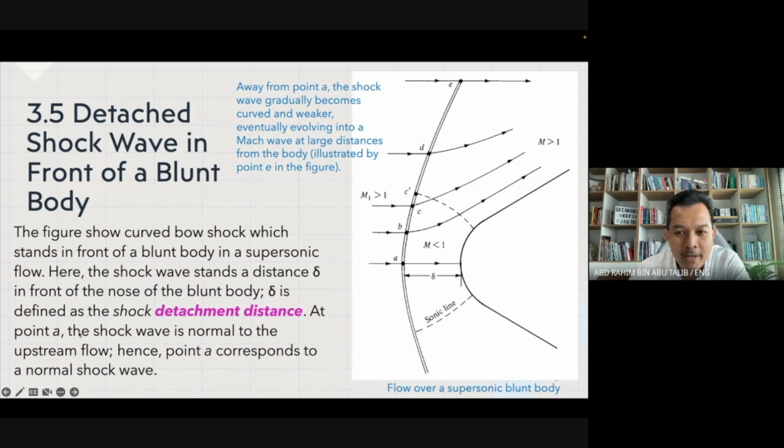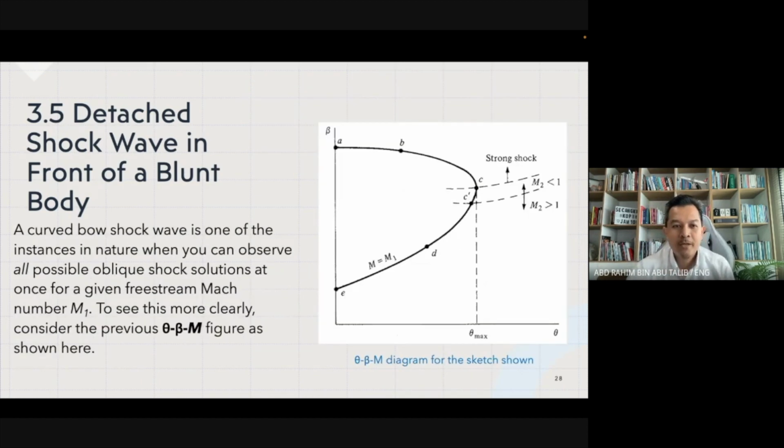At point A, the shock wave is normal to the upstream flow, hence point A corresponds to the normal shock wave. Immediately in front of the detachment distance, that position corresponds to a normal shock wave.